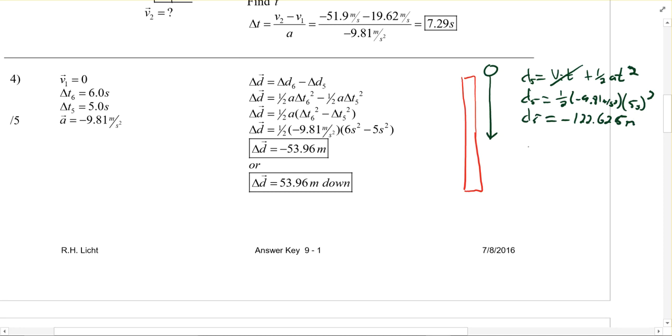But then we're going to say, okay, it's going to drop, maybe we'll do a different color here, in the 6th second. In 6 seconds, this thing would have dropped this far. And what we're really after is the distance from there to there. That's the distance that dropped within that last second. So what we're going to do is just figure out the distance, the orange one here.